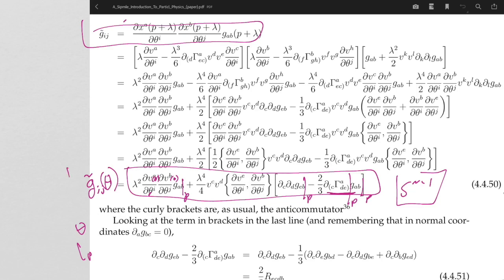So we've now got an expression for the metric on Sn minus 1 dependent only on our knowledge of the metric at P, which is not even in Sn minus 1, and theta.